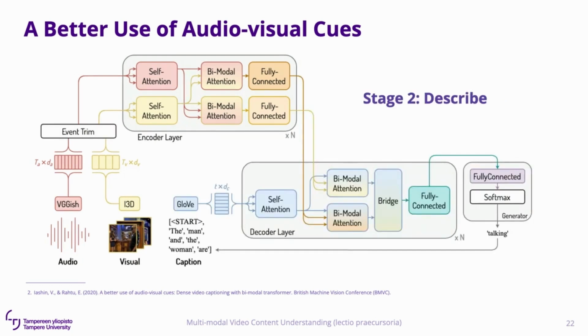We use these proposals in the next stage, which essentially just streams the input video, and we produce a caption for each of them. Notice that I also adapted the decoder a little bit to accommodate the bimodal output of the encoder. With this, we could push the state of the art even further compared to the previous approach, and also reduce the number of trainable parameters.